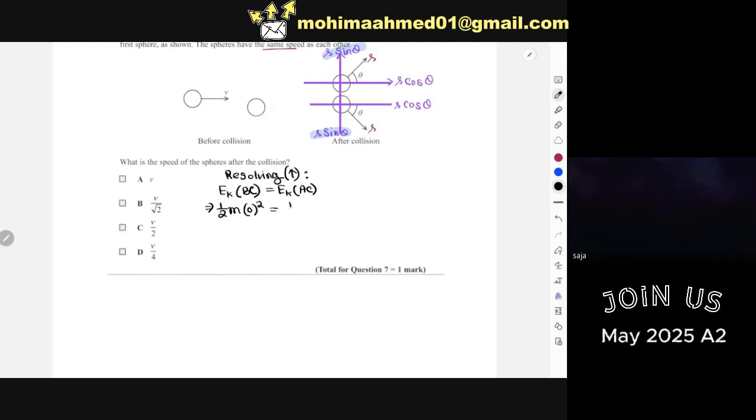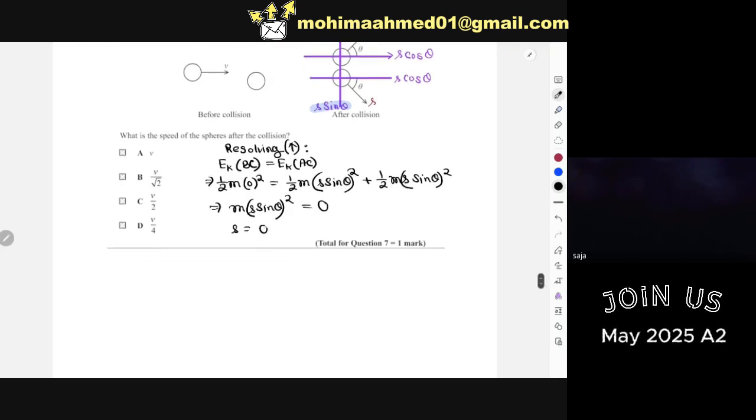This equals half m s sine theta square plus half m s sine theta square. So eventually you get m s sine theta whole square equals 0. That means the speed turns out to be 0, which is obviously not correct. So we're not going to use that.